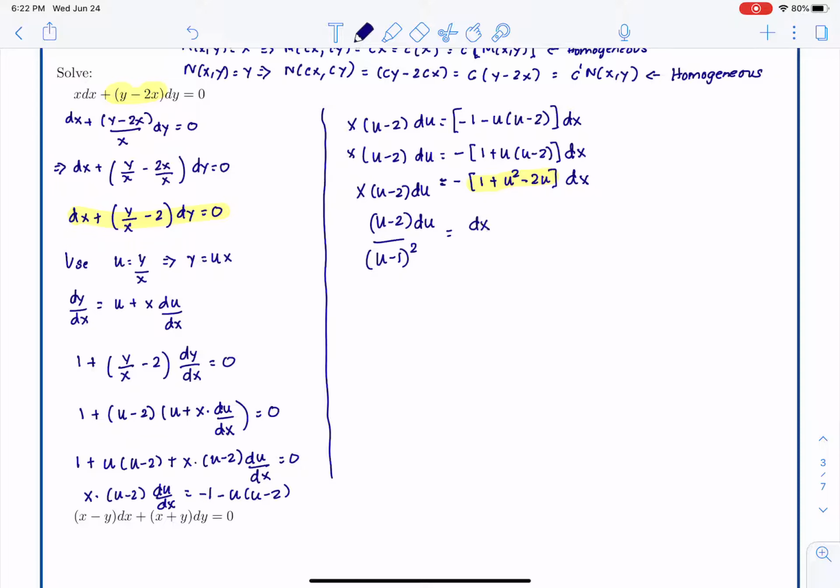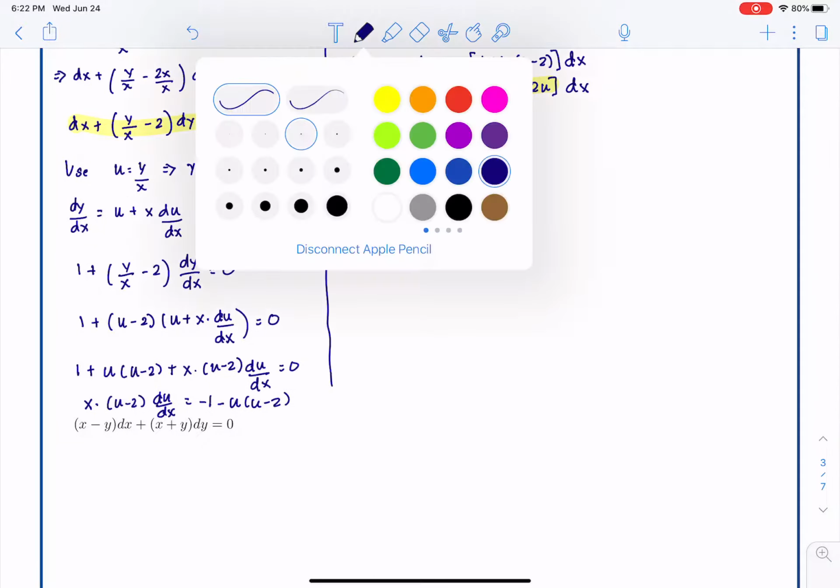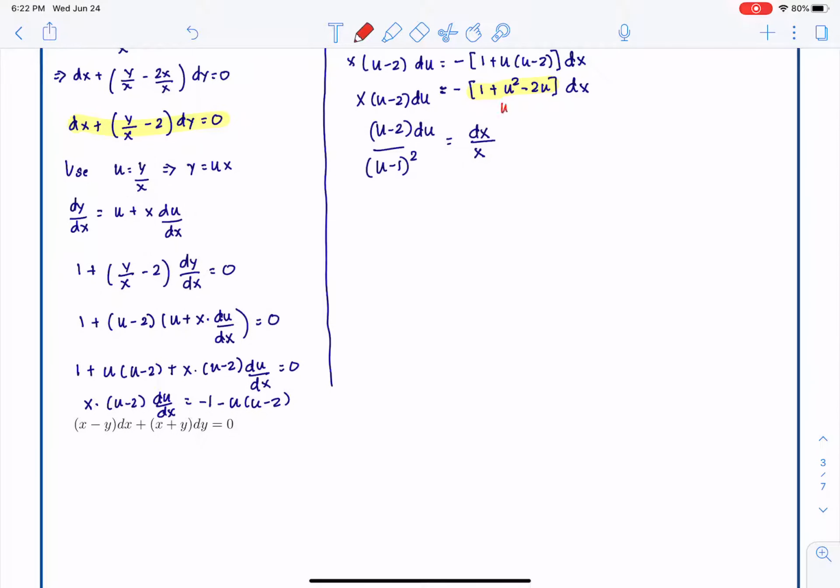And I have dx over x on the other side. So that would reduce to (u minus 2) over (u minus 1) squared. Now this is a separable equation and we can integrate on both sides. So the integral of (u minus 2) divided by (u minus 1) squared du equals the integral of dx over x.